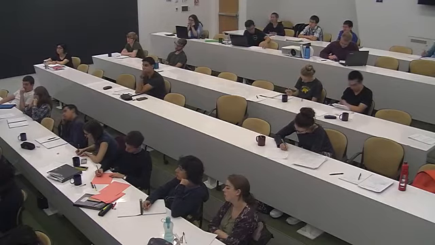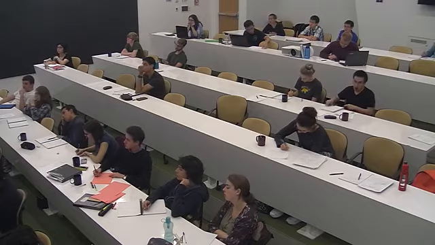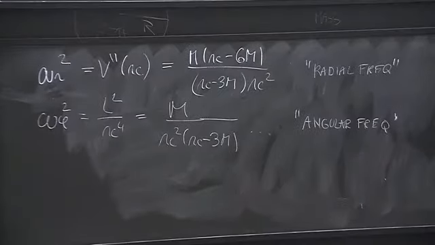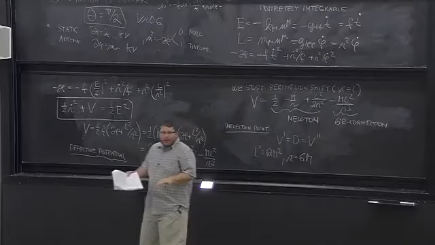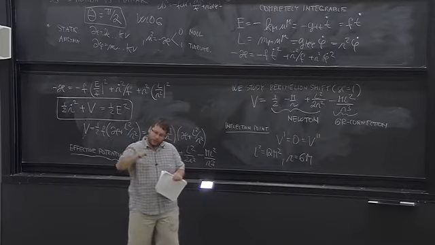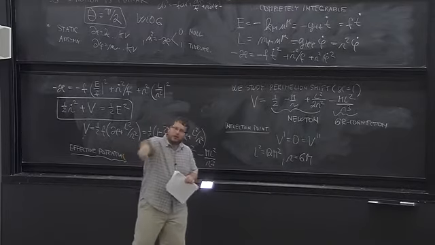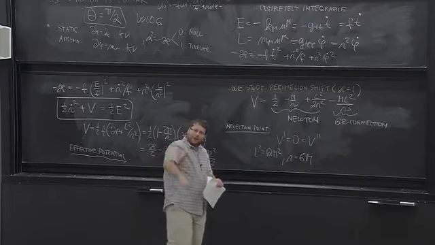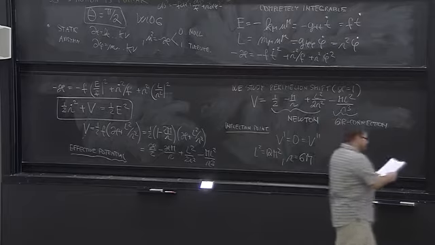Okay. Now I have the frequency in the phi direction, and a frequency in the r direction. If these frequencies are the same, then the orbit is closed. I'm oscillating in this direction, and I come after some time to this point, and I'm oscillating around that direction. If at the same time I come to the same point, then the orbit is closed.